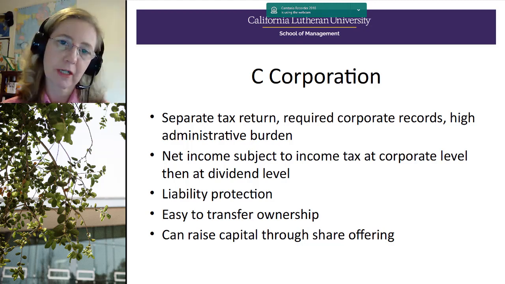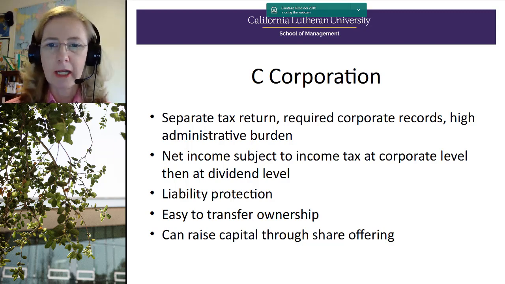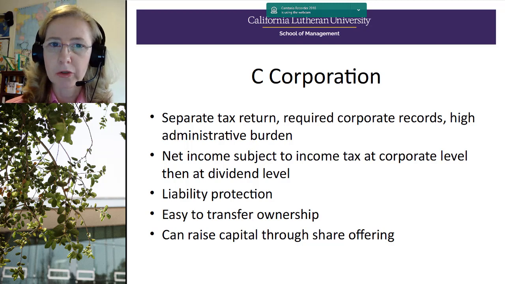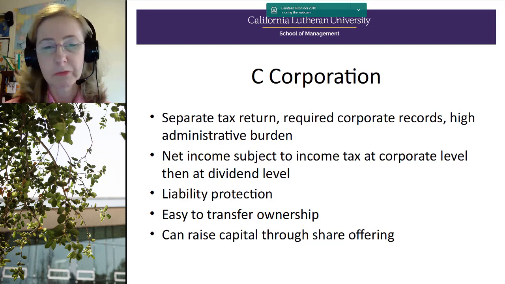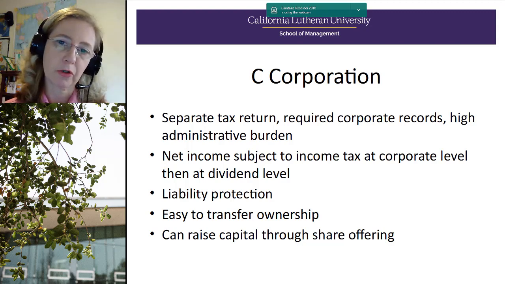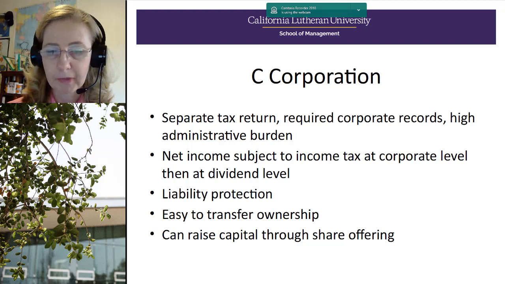So that's in contrast again to the other forms of ownership where whatever the profit is, it comes out to the owner and they have no control over the timing of that taxation. But with a C corporation, the owners or the management, more specifically, has control over when they pay dividends to owners and when those owners then would have to pick that dividend up in income.